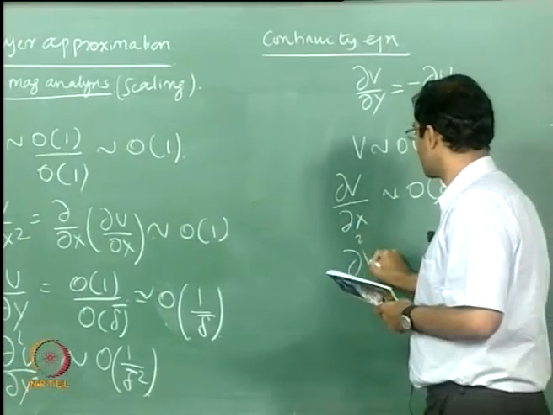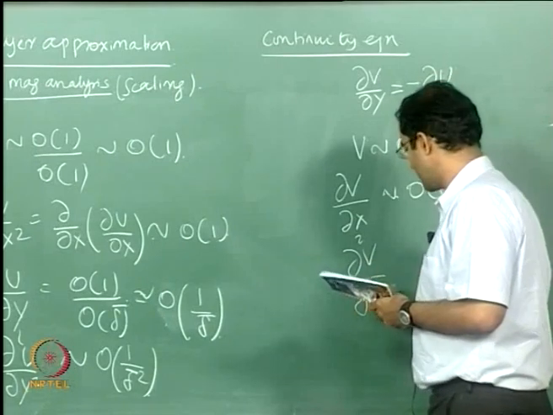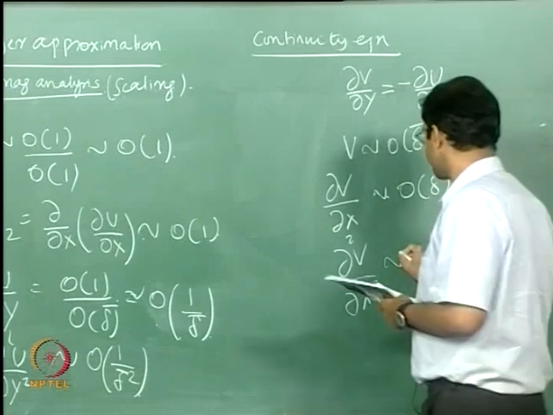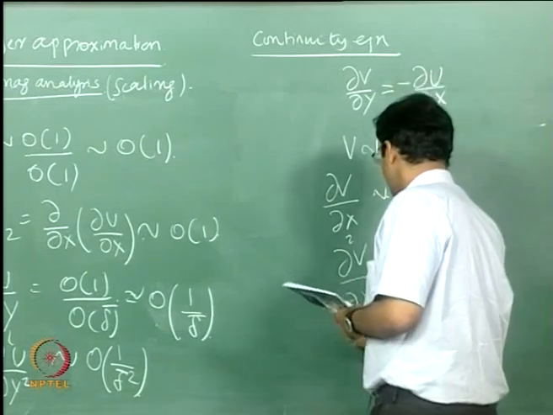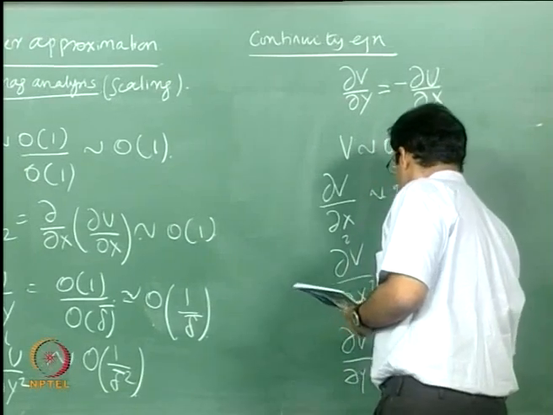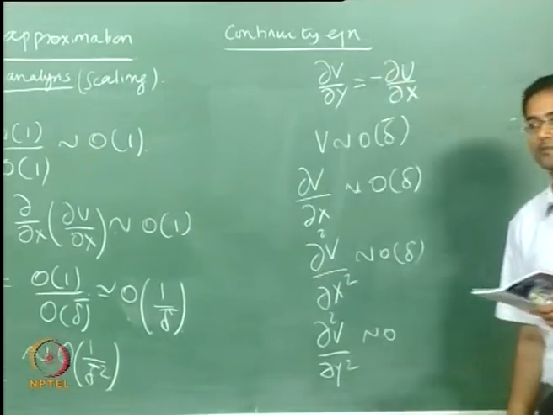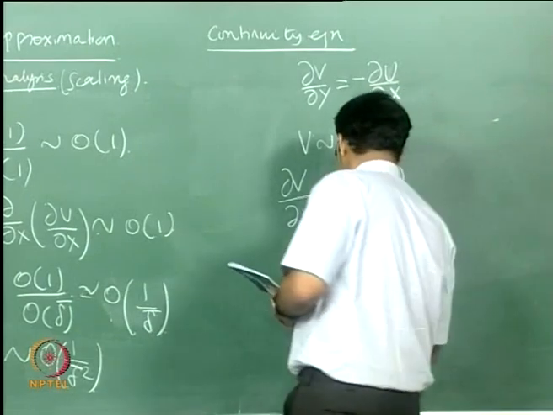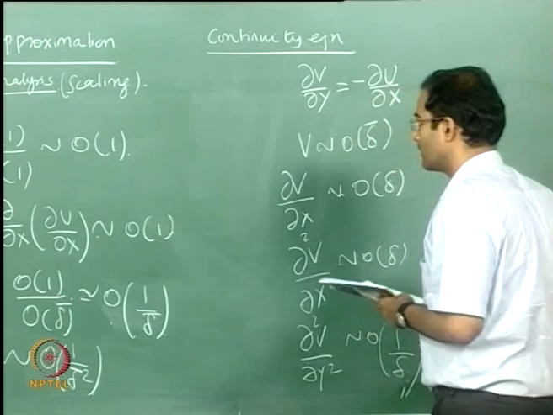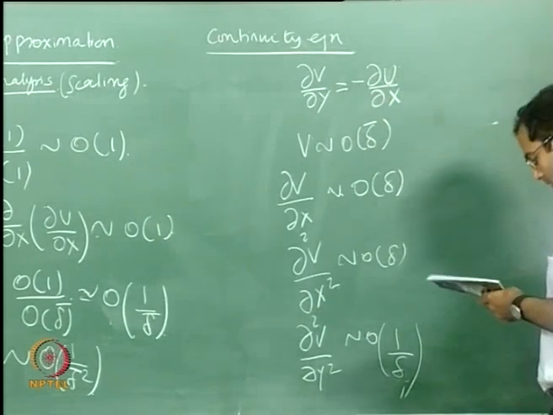And your d square v by dx square, again delta. So d square v by dy square, delta by delta square.